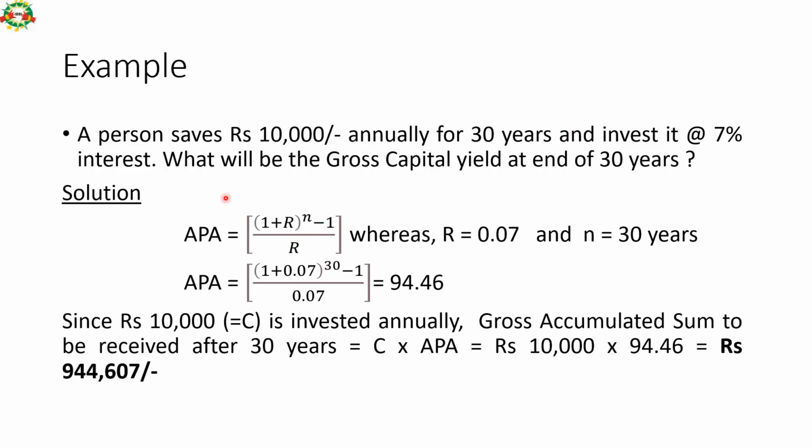If you put it in the formula, 94.46 is the APA. Since 10,000 is the annual amount, if we multiply 94.46 with 10,000 rupees, the value of the property is 9,44,607 rupees.